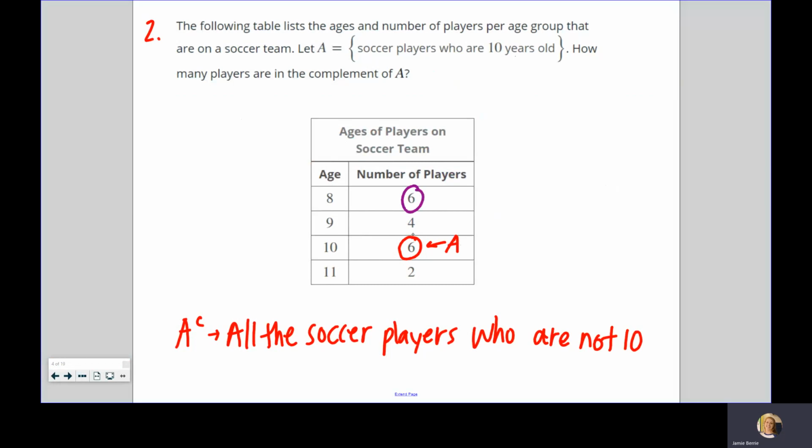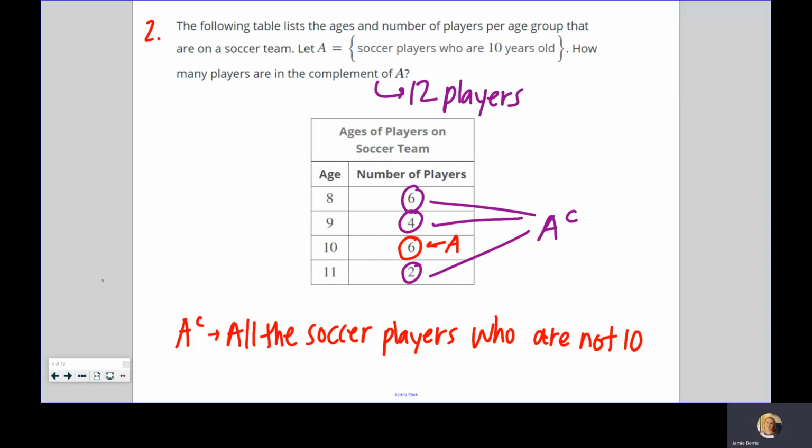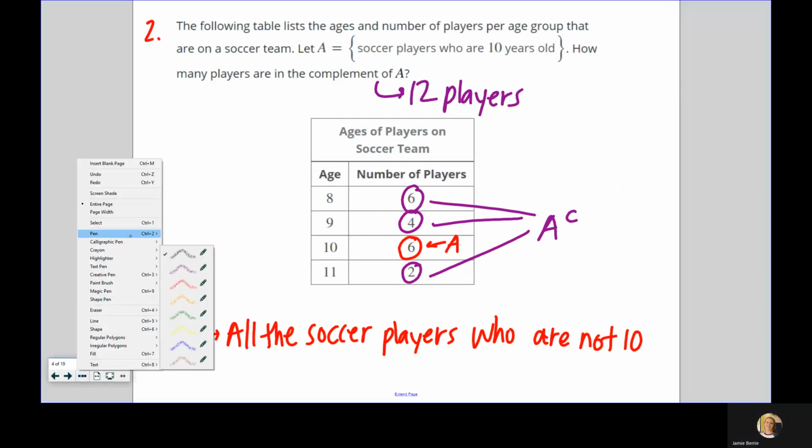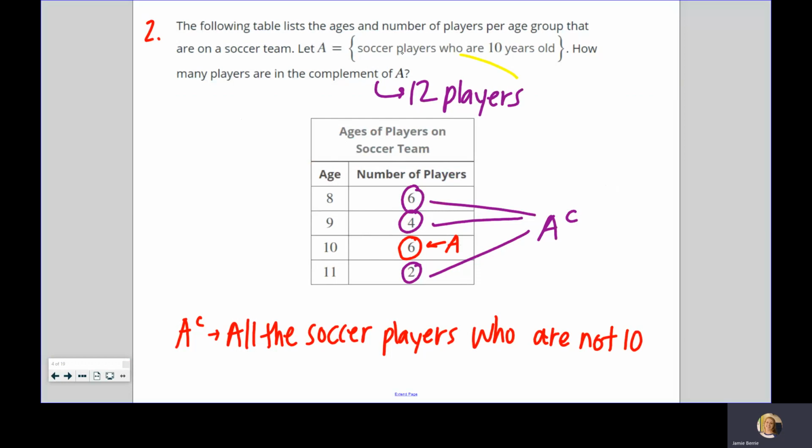We say, okay, well, these people aren't 10, these people aren't 10, and these people aren't 10. So these three groups are all the people who are in A complement. So just add those up. 6 plus 4 is 10. 2 more would be 12. So how many players are in the complement of A? There are 12 players in the complement of A. And that's it.